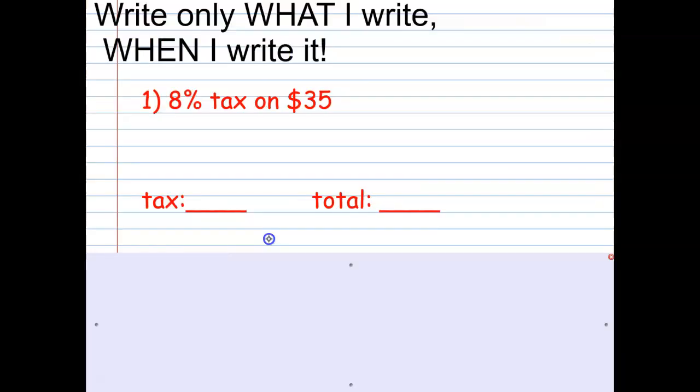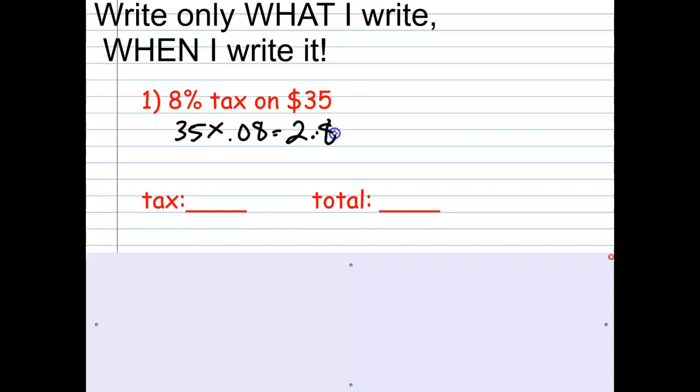All right, let's do some in our notes. So 8% tax on $35. So again, sometimes they ask just for the tax, sometimes they ask for the total. So we're going to find both. All right, so either way, we take the original amount, we multiply by the percent as a decimal. That would be 0.08. We go to our handy dandy calculator. We make it happen and we get 2.8.